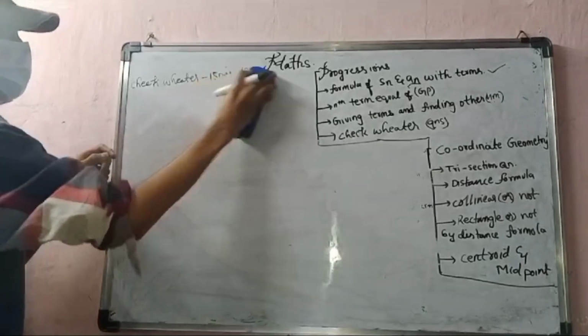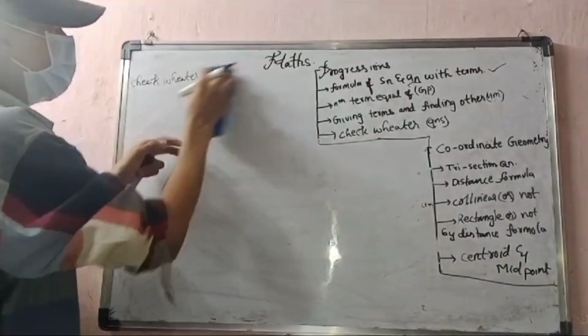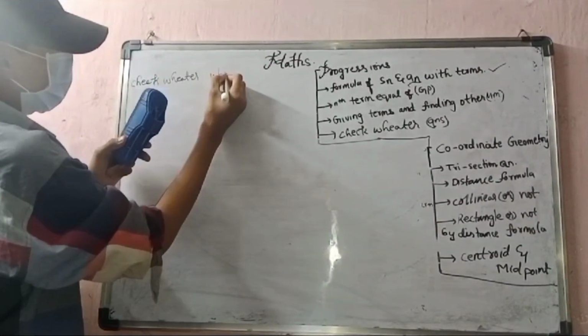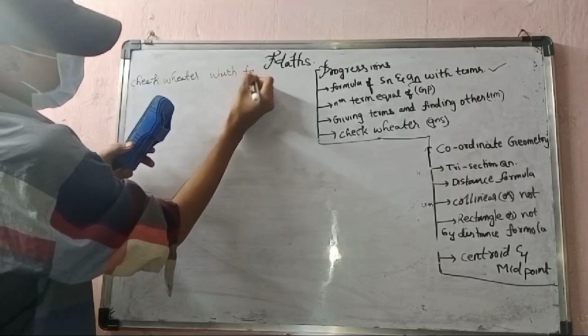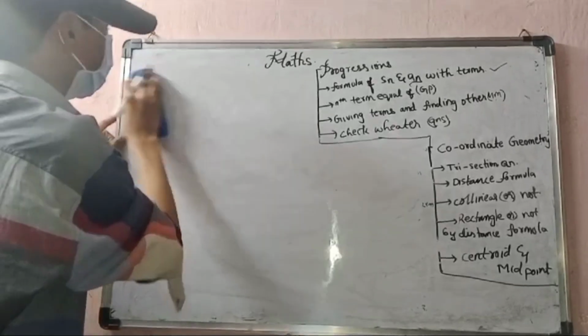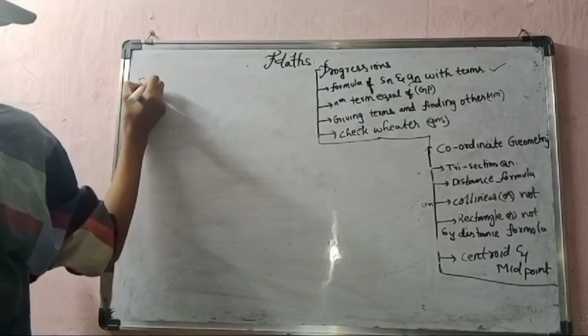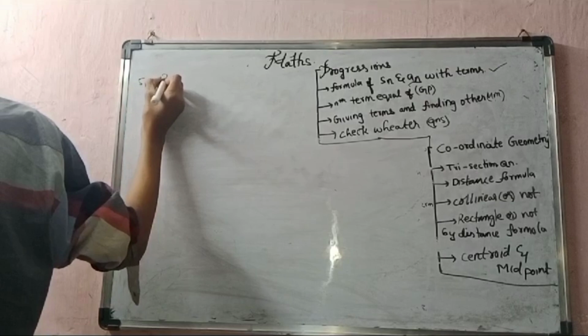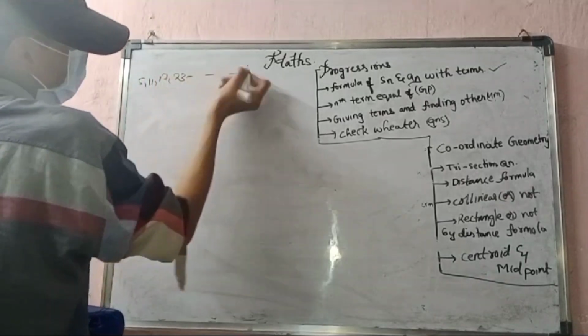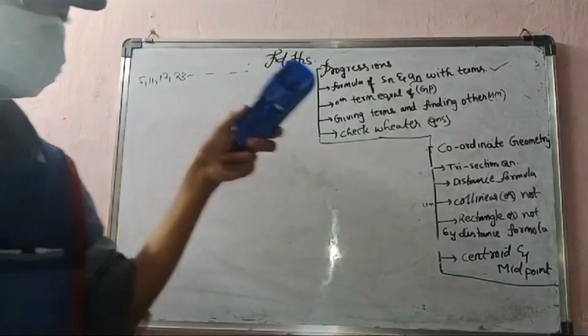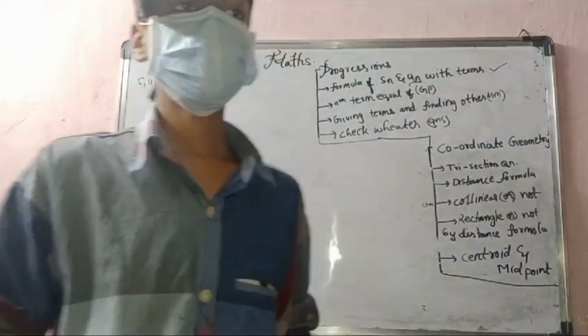Check which term of an AP is minus 50. Wait. What have they given? Check whether 301 is a term of 5, 11, 17, 23, and so on. Okay. So in this, we should check whether 301 is a term or not.